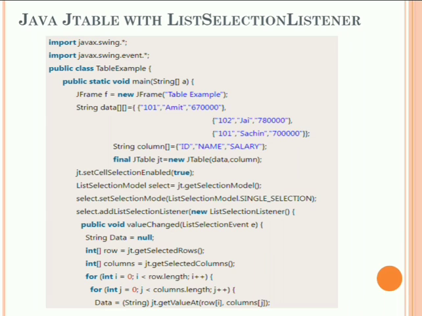select.addListSelectionListener, new ListSelectionListener, public void valueChanged(ListSelectionEvent e), String data is equal to null, int row is equal to jt.getSelectedRow, whatever the row is selected it will get selected. int column is equal to jt.getSelectedColumn. for int i is equal to 0, i is less than row length, i plus plus, means every time he will scan that particular row from 0 to the length of that row.